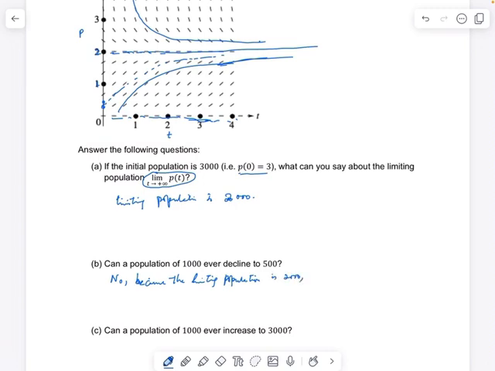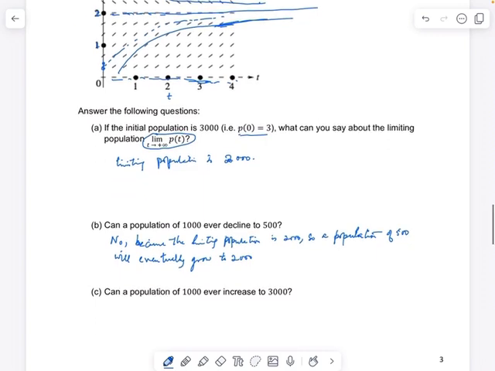So a population of 500 will eventually, we can say, level off at 2000, or eventually grow to 2000. After it grows to 2000, it doesn't go above 2000, because the line P equals 2000 will not be crossed. So it will just level off at 2000.